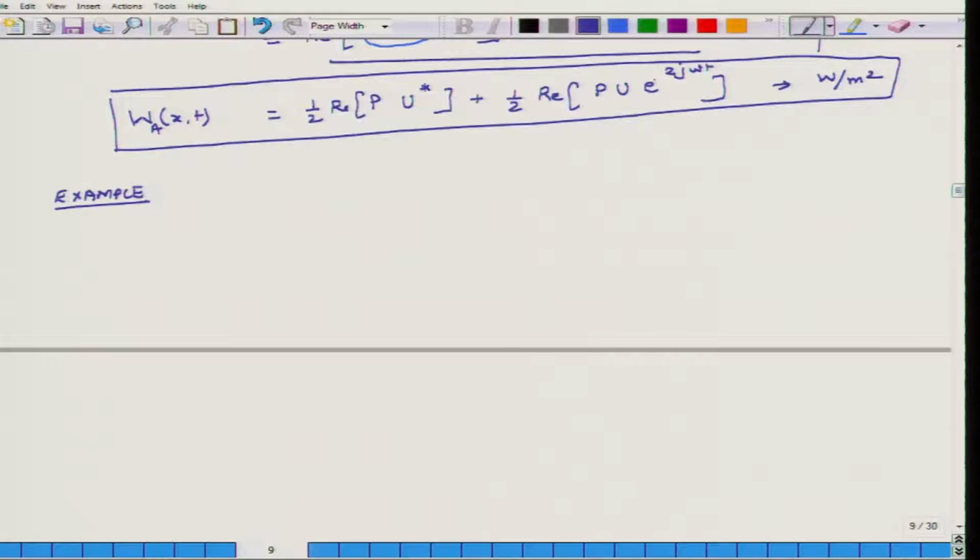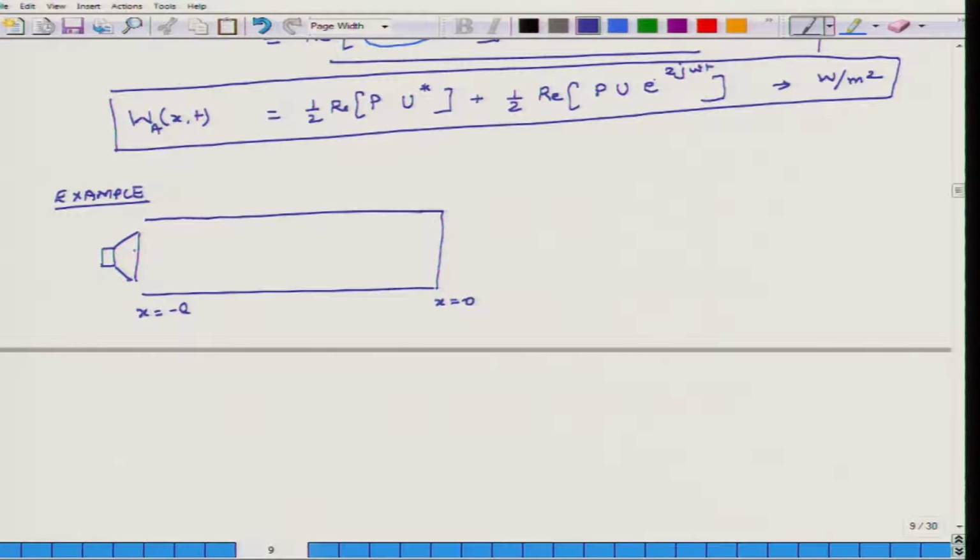The first example is that of a closed tube. Here I have a speaker in a closed tube of length L, which is closed at x equal to 0. This is the positive direction of x.